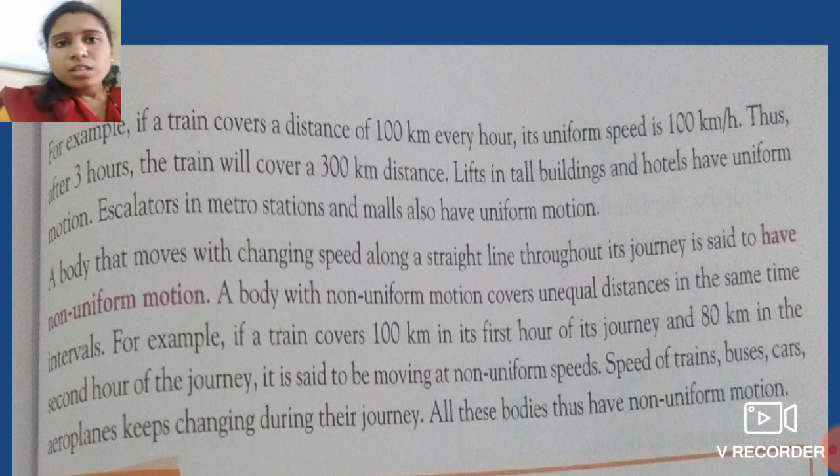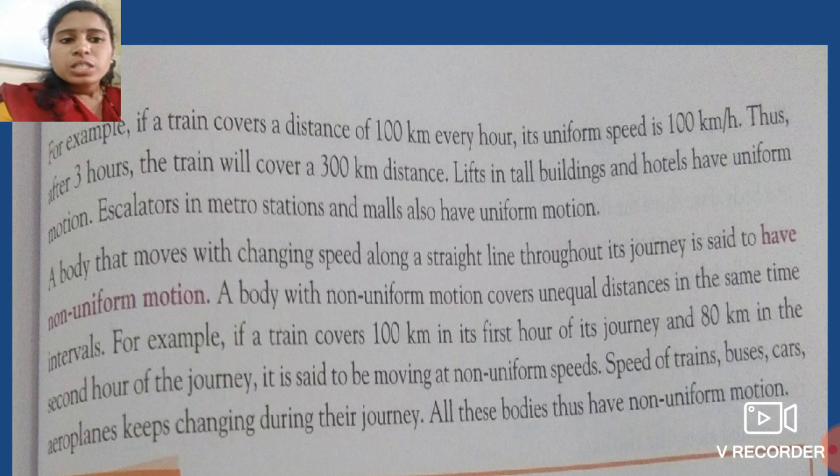So students, whenever a body covers the distance with constant speed, that body is said to be in uniform motion. But if the speed is not constant, then we can say that the body is said to be in non-uniform motion. So buses, trains, cars, aeroplanes, in those cases the speed is constantly changing.